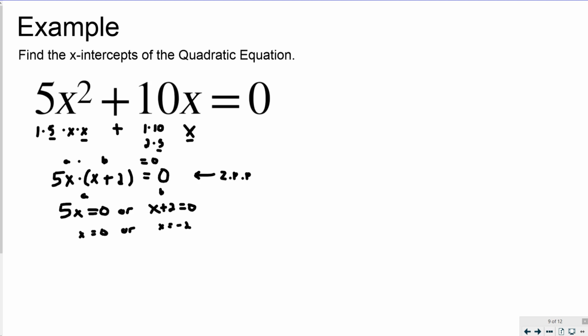So that tells me that the two x-intercepts of this equation are negative 2, 0, based on this answer, and the other one is 0, 0, and that's based on this equation here. So despite the fact that this didn't have a constant, I was still able to factor it in order to find its two zeros.